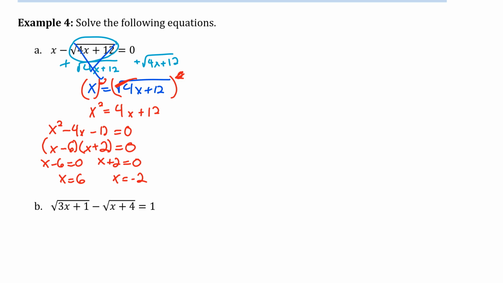We need to check it in our original equation. So when we check, x is equal to 6, so that's 6 minus the square root of 4 times 6 plus 12 is equal to 0. And I apologize, I don't know what's going on with my computer.